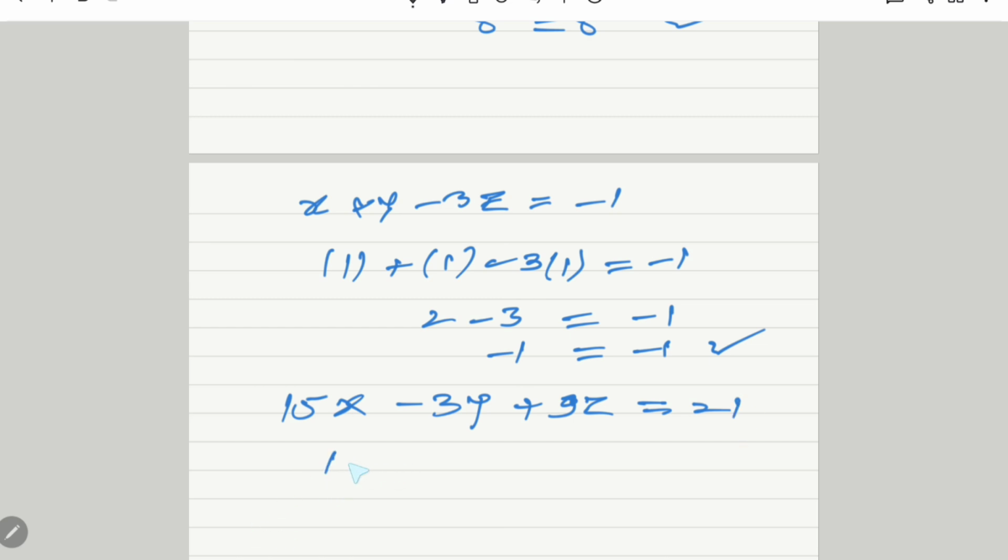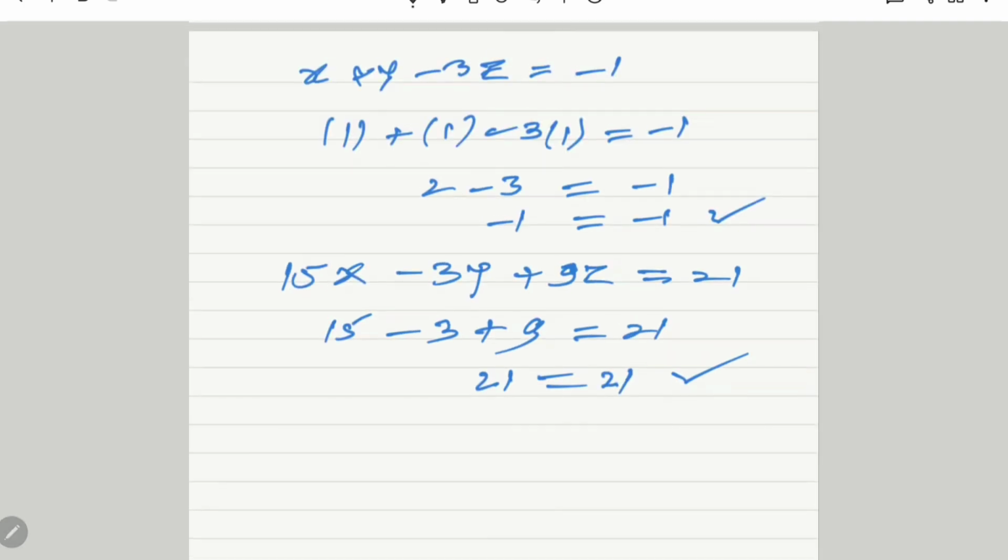Substituting values, 15 into 1 we get 15, 3 into 1 we get 3 minus 3, and 9 into 1 we get 9 is equals to 21. 15 plus 9, 24. 24 minus 3 we get 21 is equals to 21. Equation is satisfied. Third equation is also satisfied. All equations are satisfied. Whatever the solution obtained is a correct one.